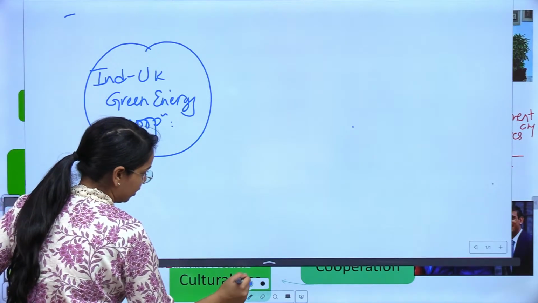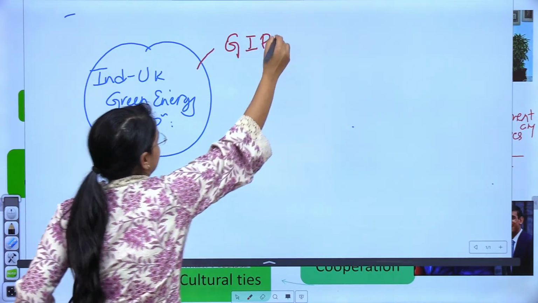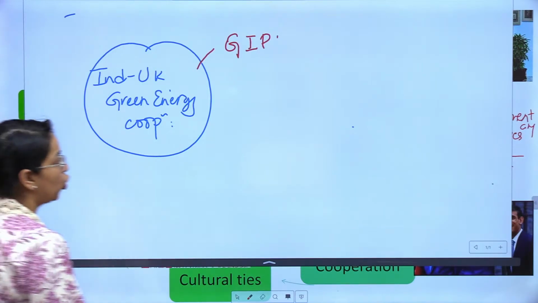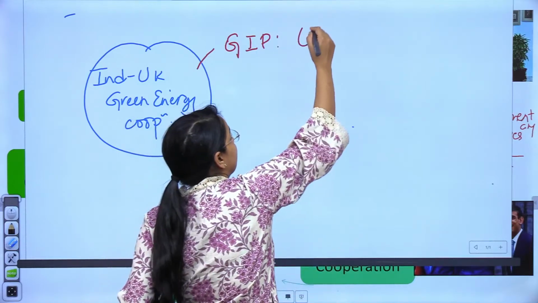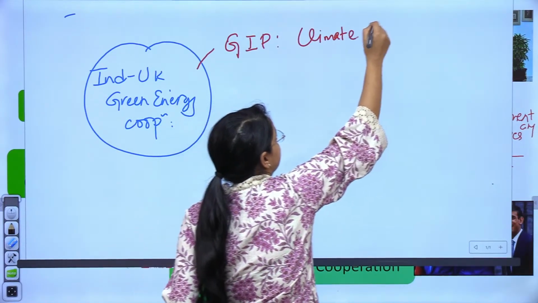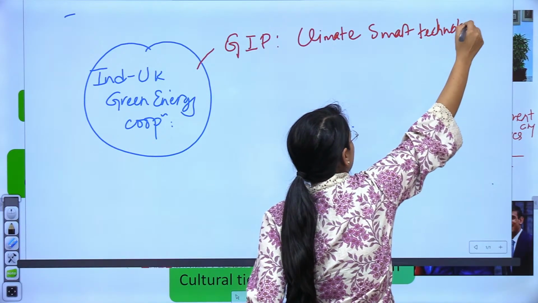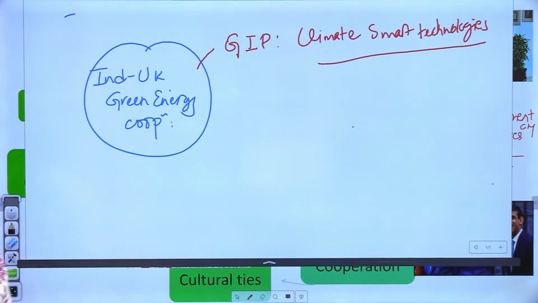So first is the global innovation partnership. Firstly, the two countries have launched the global innovation partnership, mainly focusing on creating climate smart technologies, right? दोनों countries ने इस partnership के अंदर climate smart technologies को डेवलप करने के लिए, प्रमोट करने के लिए they have joined their hands together, right?